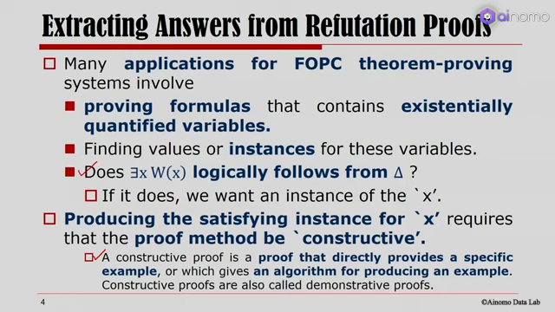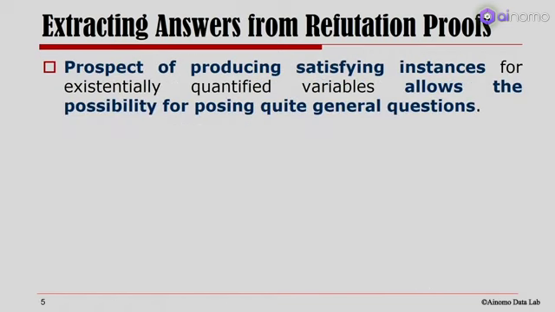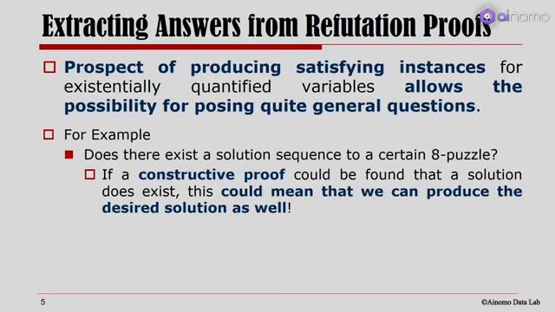There is a huge consequence of the prospect of producing satisfying instances for existentially quantified variables. This allows the possibility for posing quite general questions. Like for example, I could ask a question like, does there exist a solution sequence to a certain 8 puzzle?